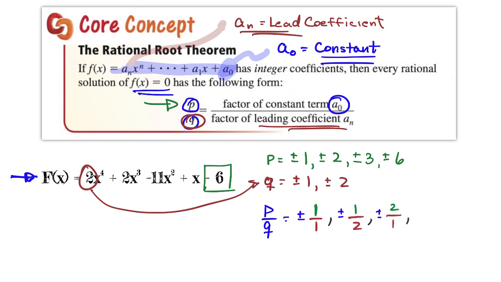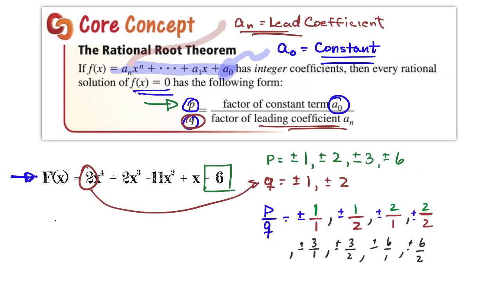This takes a while when I'm trying to write all these colors correctly. Then the green 2 over the red 2. Hopefully you're getting the idea now. Then we do the 3 over 1. I'm not going to switch colors anymore. The 3 over 2, the 6 over 1, and the 6 over 2.